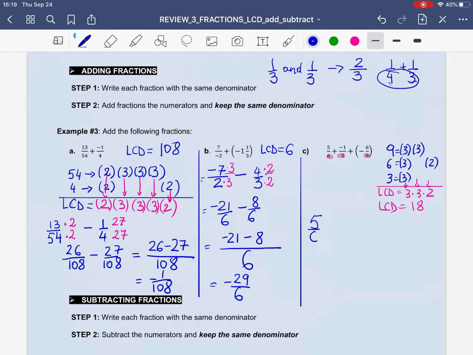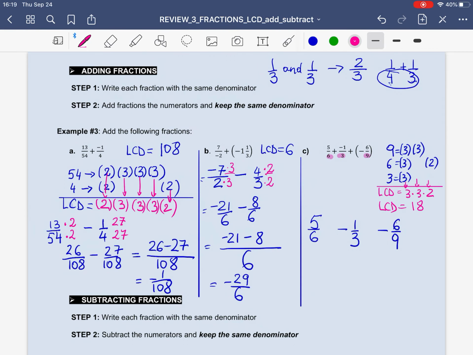So now we have 5 over 6. Remember, plus minus will make a minus. So minus 1 over 3. Again, plus or minus will make a minus, minus 6 over 9. We want to make the denominators the same.